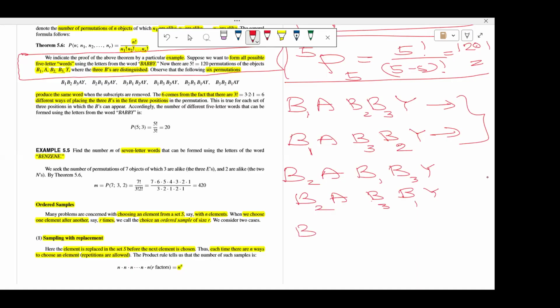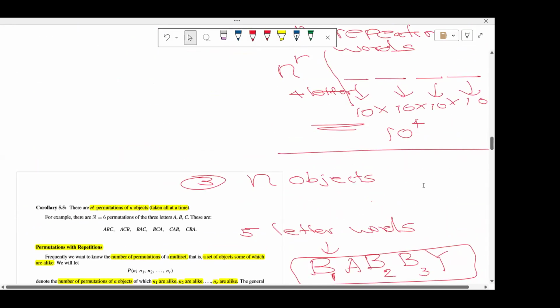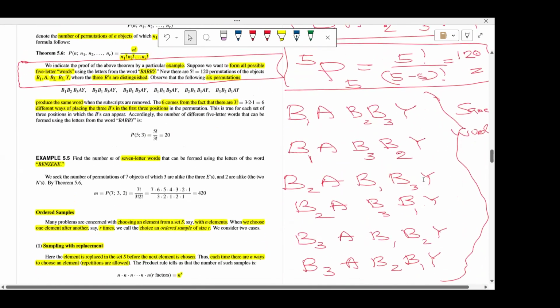Another two words: B3 A B B Y with B1 B2, and B3 A B2 B1 Y. Now just look at these six arrangements and tell me, all are making the same word, right? So this is one example.